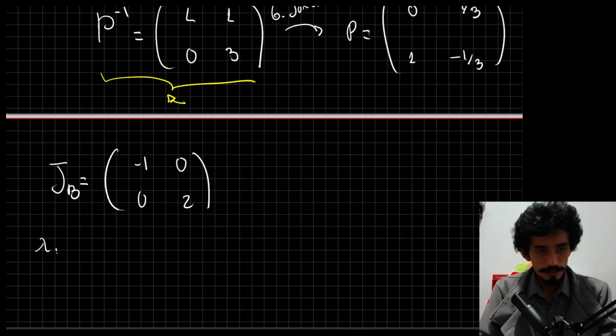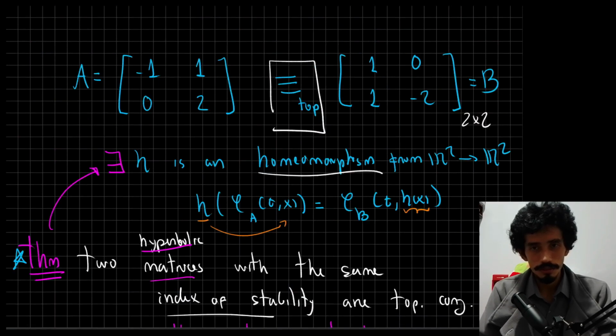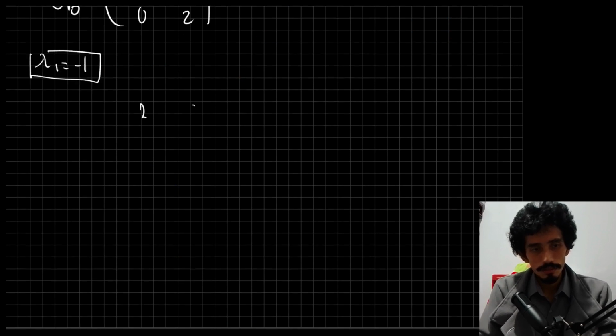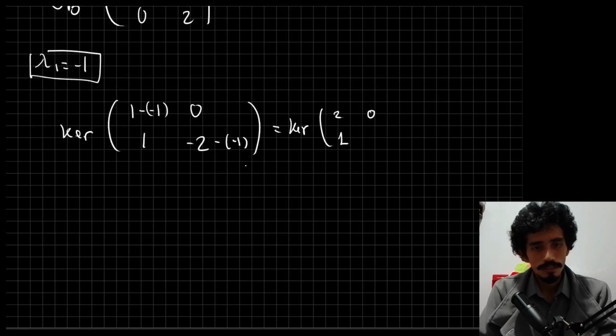So for the first eigenvalue, the matrix was 1, 0, 1, minus 2. So the kernel of 1 minus minus 1 and 2 minus minus 1 is equal to the kernel of this, which is 2, 0, 1, and this is -1.